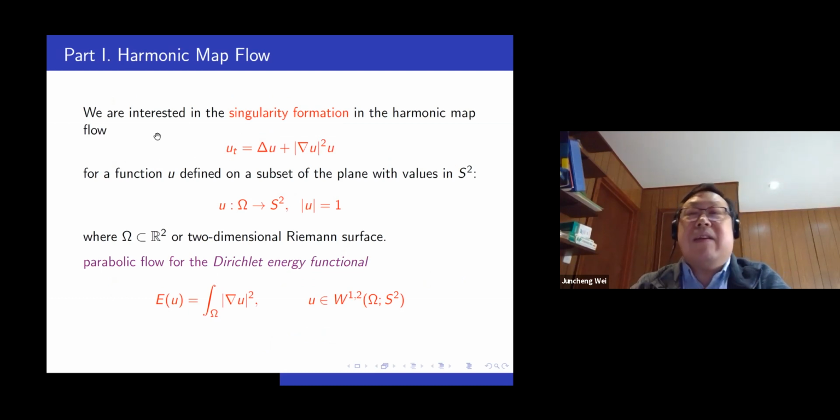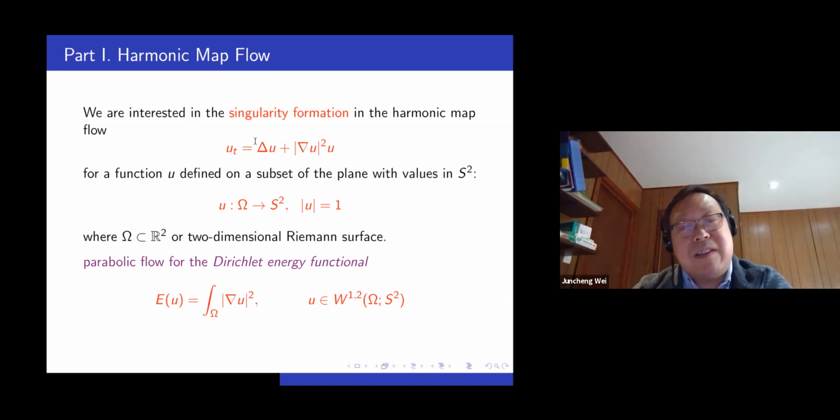Let me start with the Harmonic Map flow because this is a classical flow. In the first part, I want to introduce the method for constructing all these singularity formations, and then we're going to see how we can apply this method to other flows.